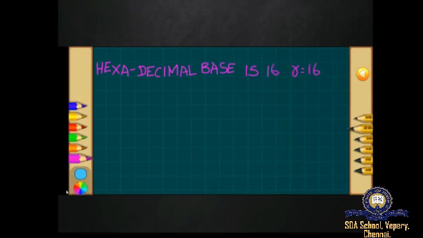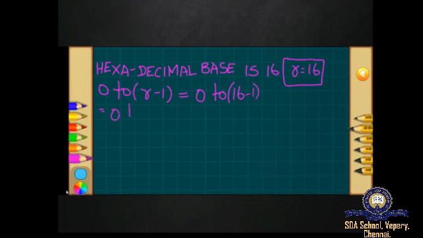So we have r equals 16. Now we substitute 16 in the place of r in 0 to r minus 1. So 0 to 16 minus 1. 16 minus 1 we get 15. So 0 to 15 we have in the hexadecimal number system.